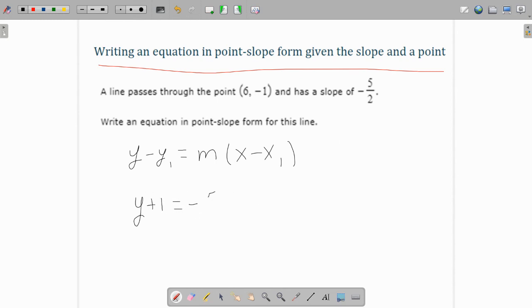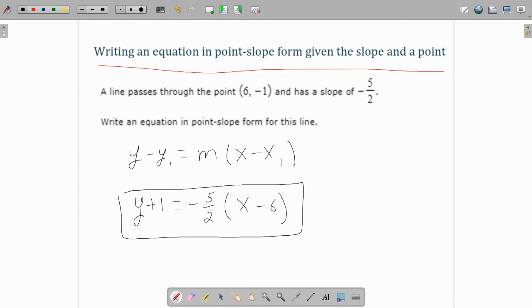Your slope, and then it's x, and it's positive 6. So we're going to do opposite of plus 6 is minus 6. Or you're just plugging in the negative 1 here, minus negative 1 is plus, and you're plugging in the 6 here, x minus 6. And if you understand the last problem, hopefully that is good. Okay, and that's in point slope form. You can leave it.